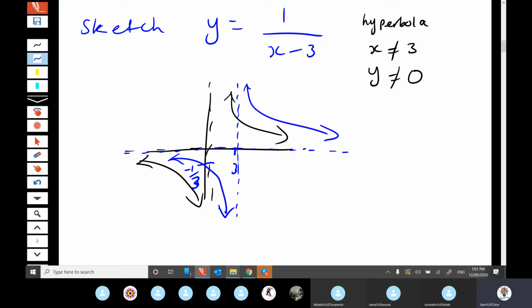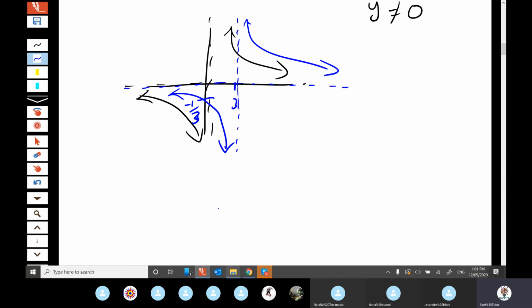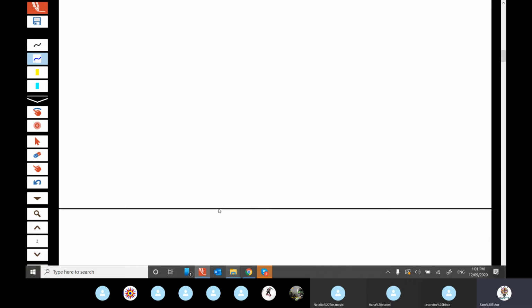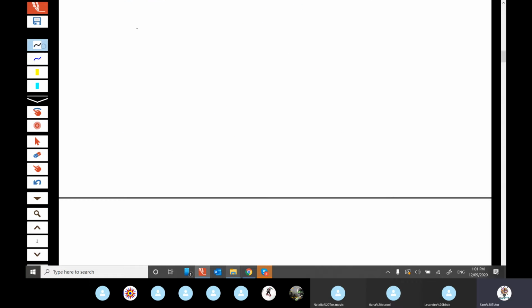Sam, yes. What about when the bottom is all squared? Yes, we'll do that now. I don't know if that's for advanced, but anyways, we'll do that. What if at the bottom was squared?